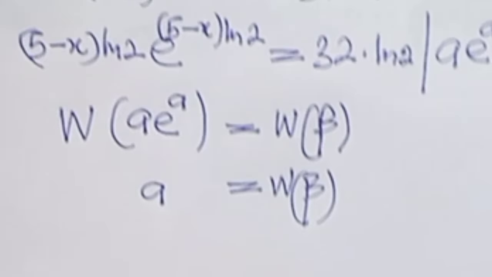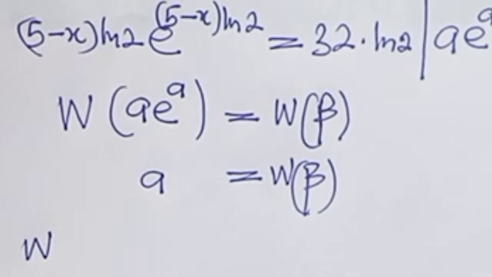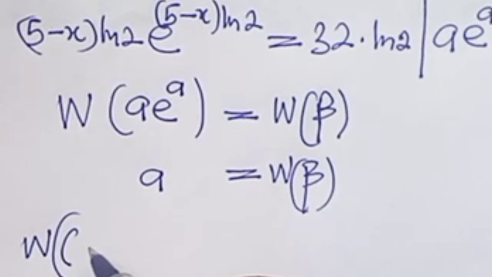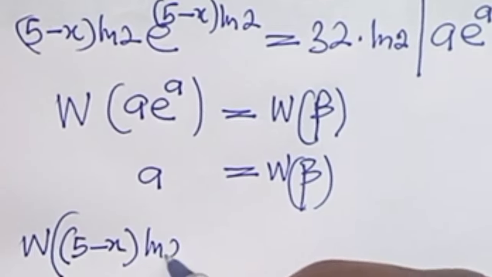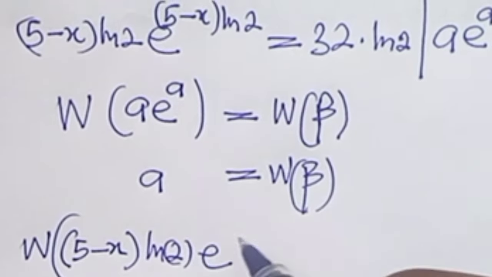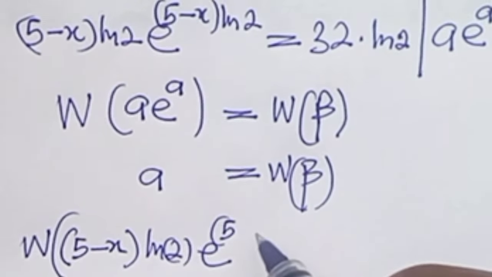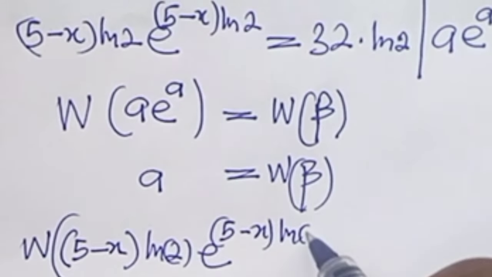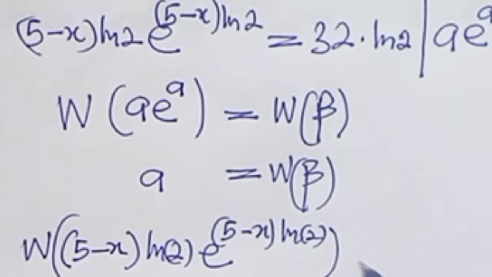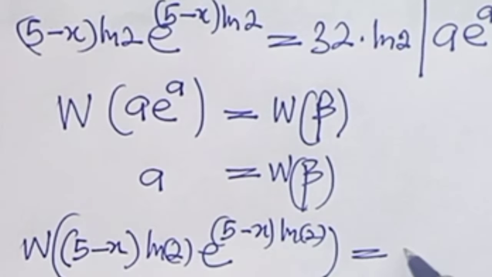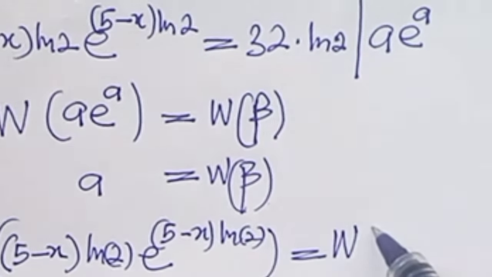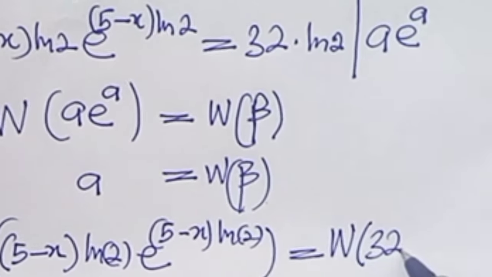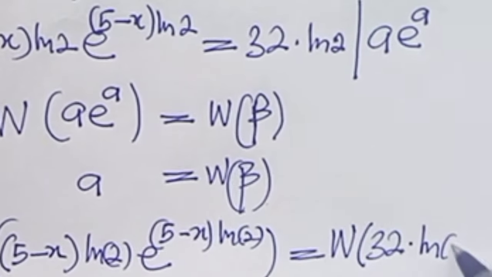So from here, we can write our equation as W of 5 minus x ln 2 exponential 5 minus x ln 2, close the bracket, is equal to W of 32 times ln 2.